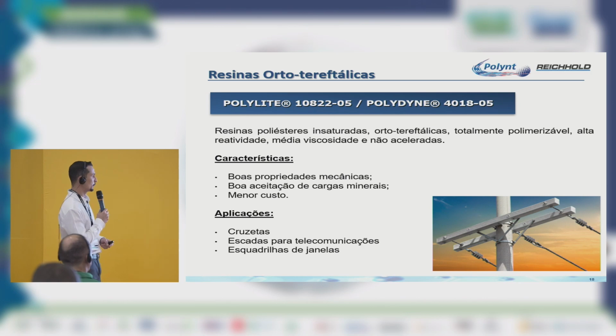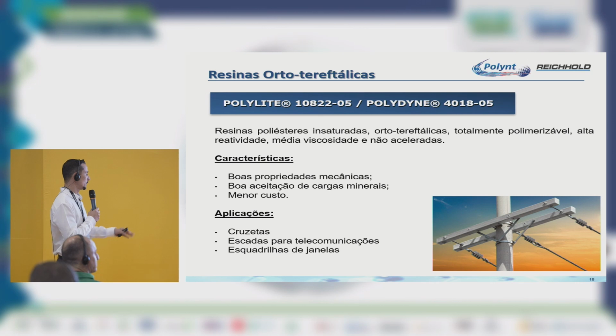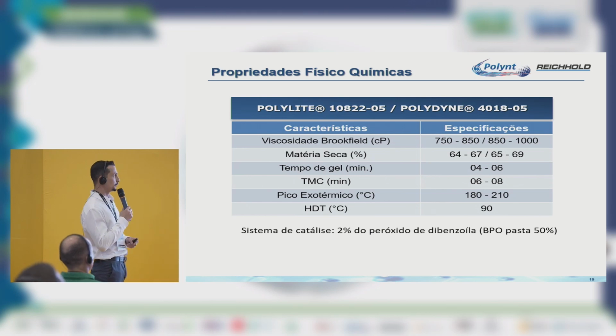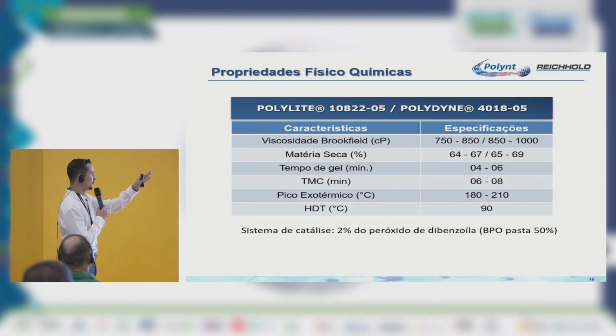Applications: crossbars on utility poles, stairways or ladders for telecoms, and also window casings. The physical chemical properties vary from one to another.